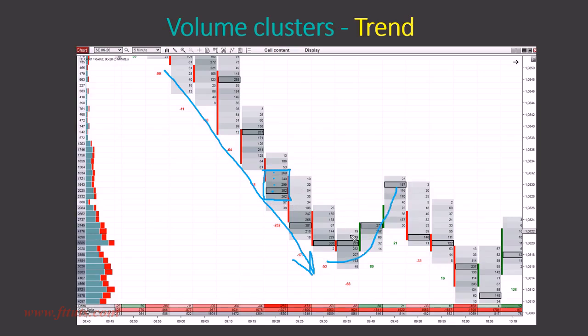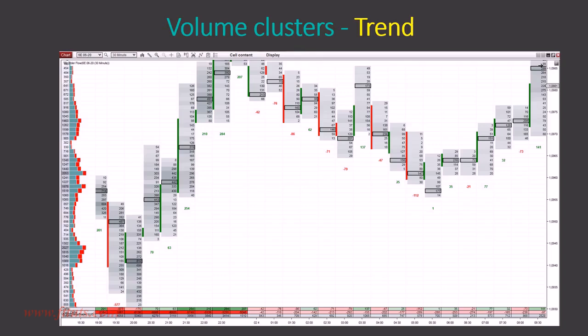You want to see at least one whole candle below this area. In here we have three 5-minute candles. Then there's the pullback, and from the heaviest volume peak, or from the place where the volume cluster started, you enter a short.